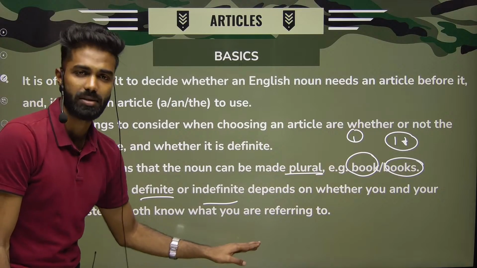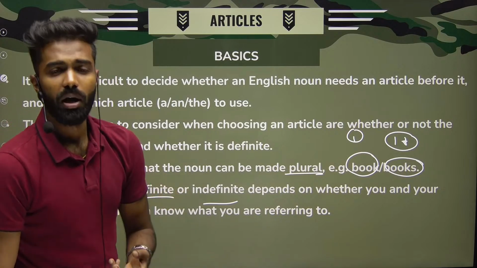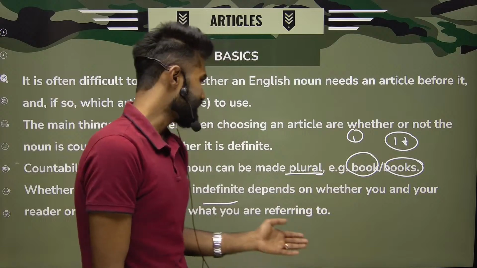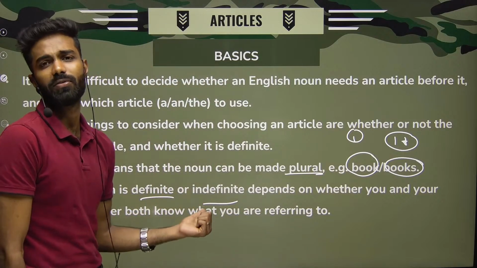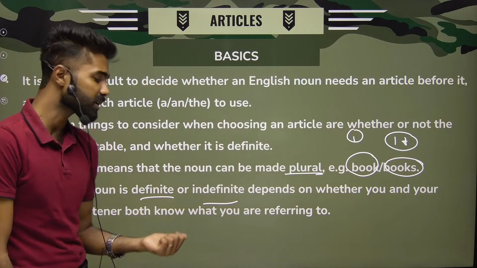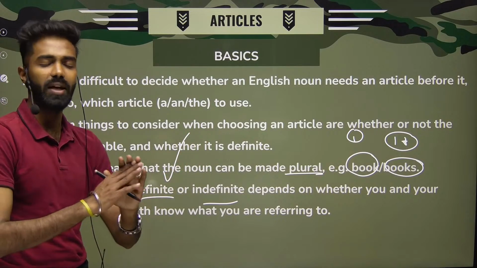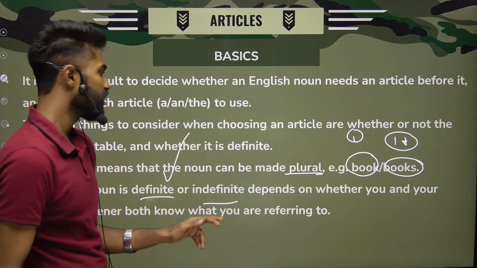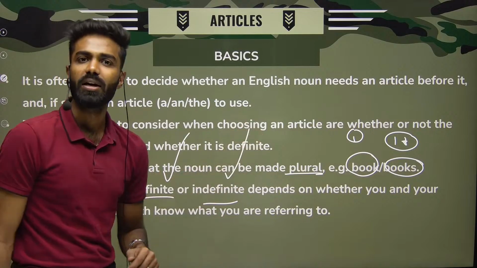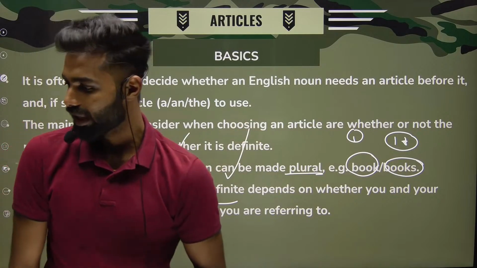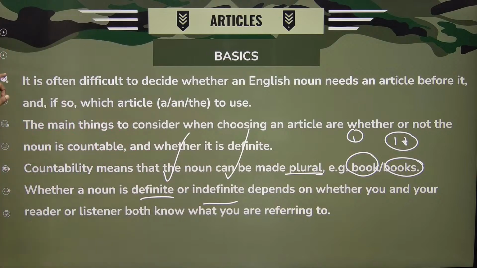What do you mean by this? If you know something about the object you're referring to, then you can easily identify if it is definite or indefinite, okay? If I know something about the object, then it is definite. If I have no details about the object, if I have only very general knowledge, then I will call it indefinite. All right? So with that being said, we will further dig deep into this class.